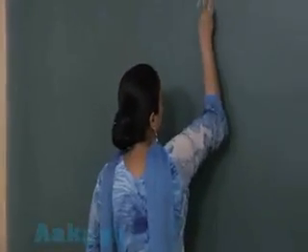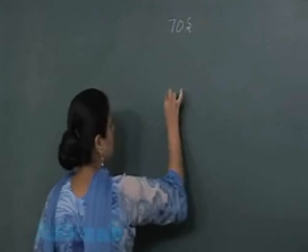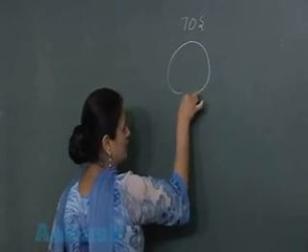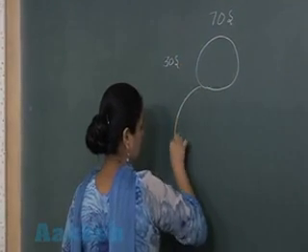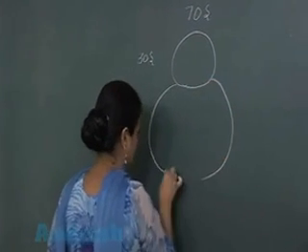So in the 70S ribosome, this is the smaller subunit. The smaller subunit is 30S. This is the larger subunit.